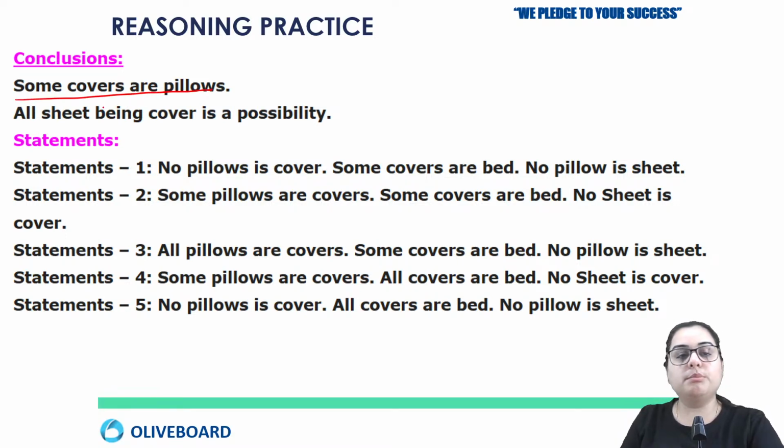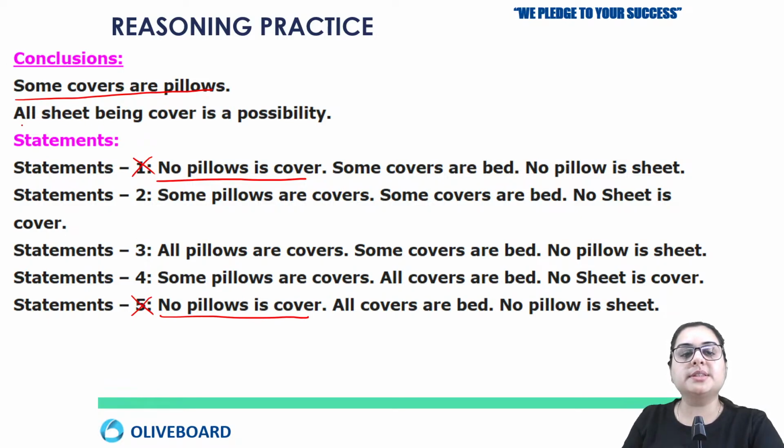Here we have a positive conclusion about cover and pillow, right? So if we have a positive conclusion, that means I need not have a negative statement about pillow and cover. So that I am getting in the first option. This is wrong, and also in the fifth option. So these two options are wrong because here we have a negative statement about pillow and cover.